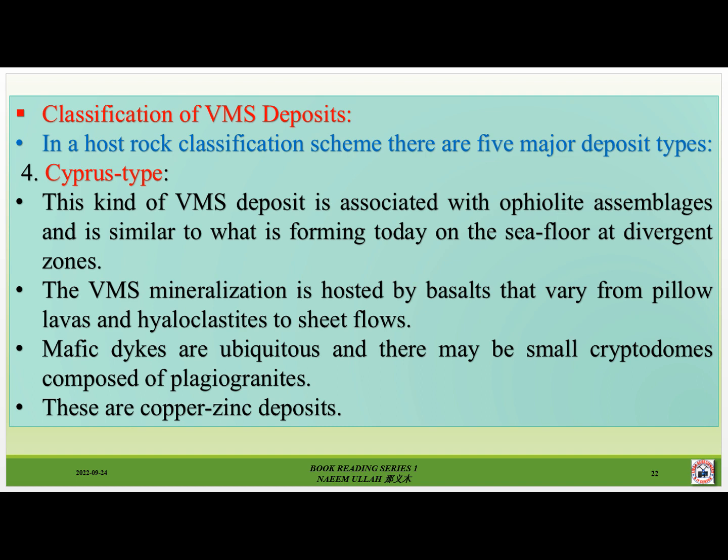Number five, Cyprus type. This kind of VMS deposit is associated with ophiolite assemblages and is similar to what is forming today on the seafloor at divergent zones. The VMS mineralization is hosted by basalts.